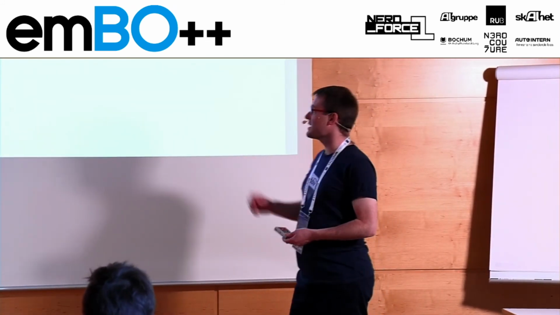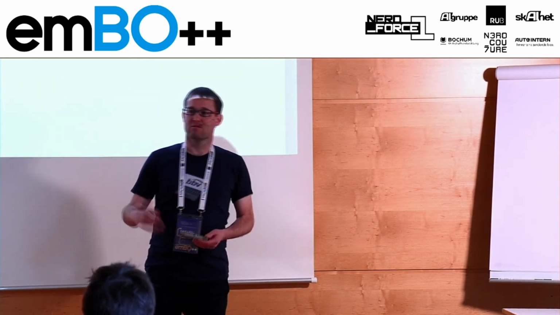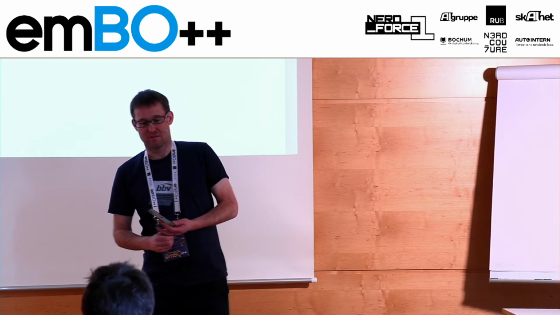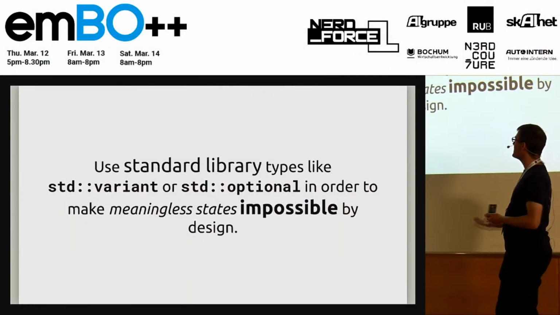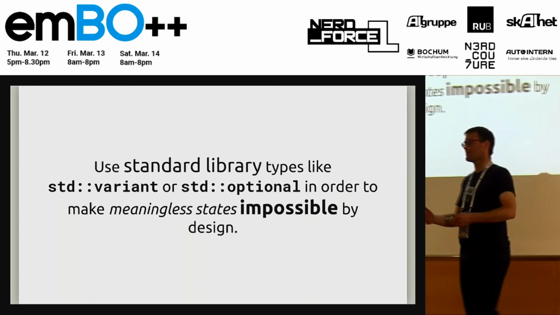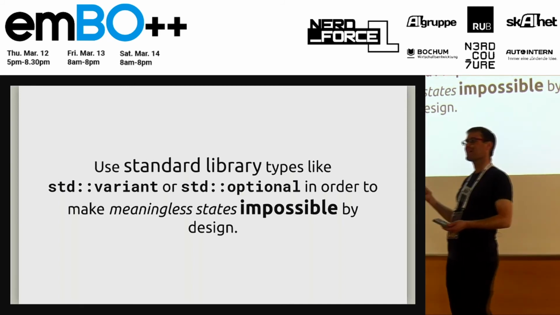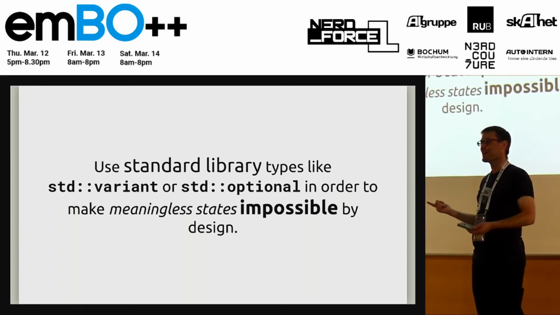The second thing is that, especially with standard variant, you can prevent meaningless states. You don't get back a value and an error and then have to figure it out.